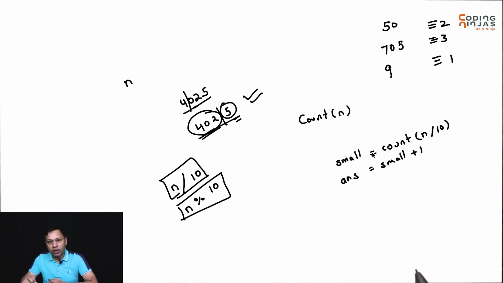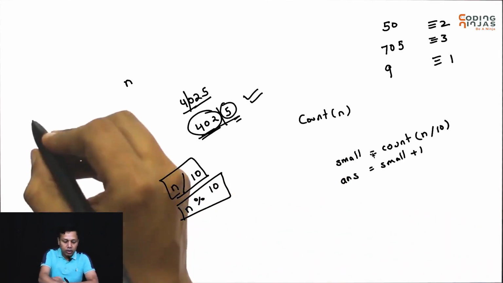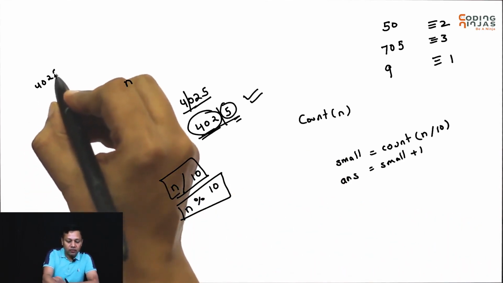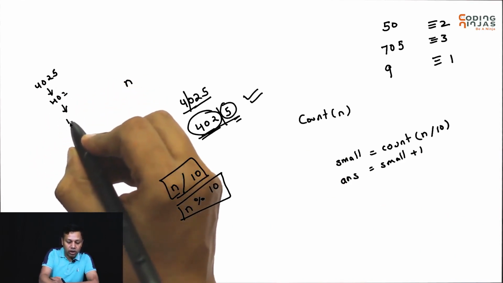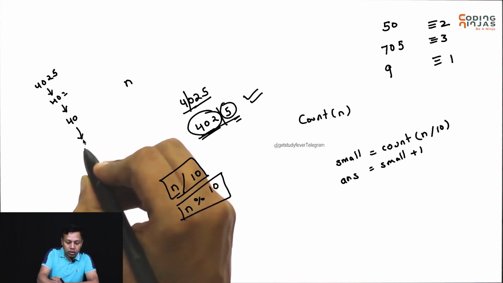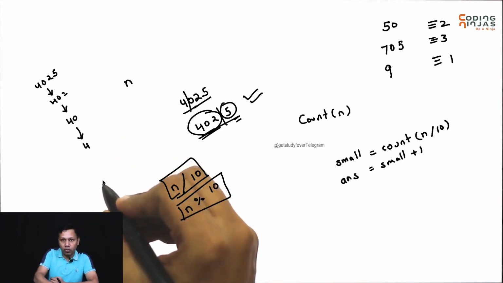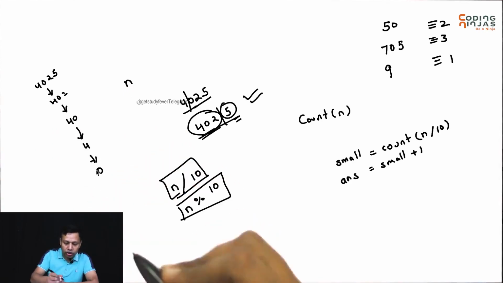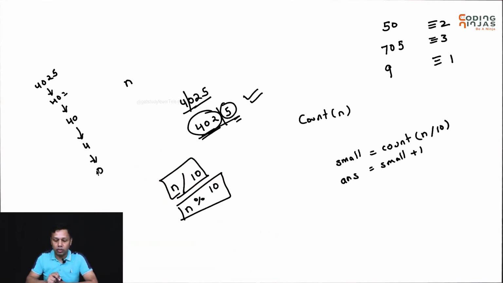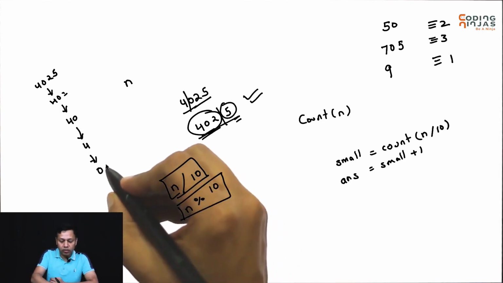And what would be the base case? So this 4025 would call recursion on 402. This in turn would call recursion on 40. This in turn would call recursion on 4. And maybe this in turn would call recursion on 0. Okay, so what should I return from 0?